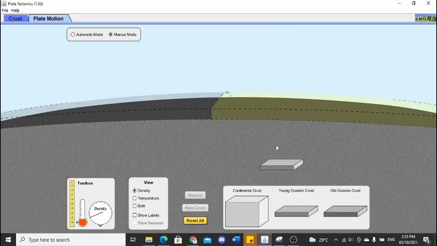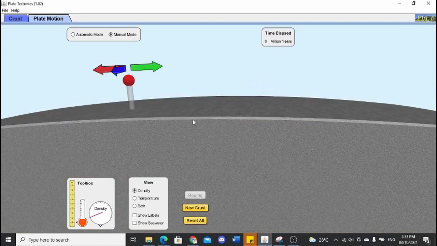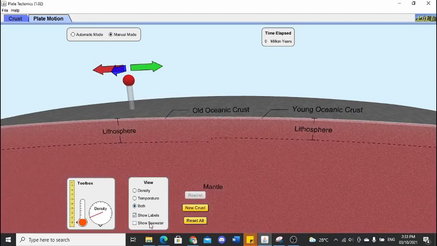Now let's place an old oceanic crust and a young oceanic crust. So let's label them and color them. Let's show the sea water also. Alright, so there's a young oceanic crust here and an old oceanic crust here. Here's the lithosphere and the mantle.